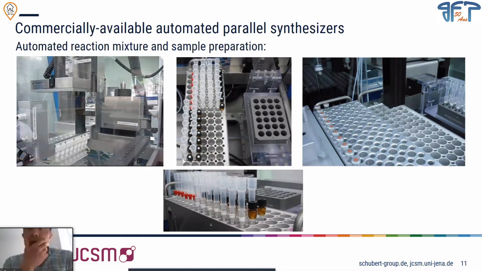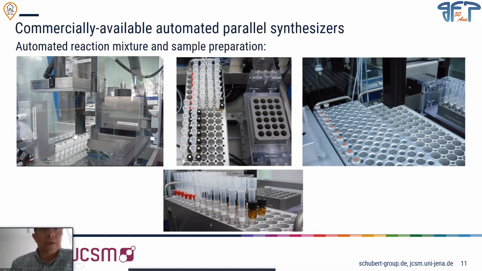Here you can see some typical pictures of how a deck in this kind of platform looks. On the very left, you can see the robotic arm that is holding the liquid handling tool. And this liquid handling tool can basically aspirate some reagents here and put them in the reactor, which is under inert atmosphere or different conditions. With the reflux and the reactors on the bottom, you can start your polymerizations.